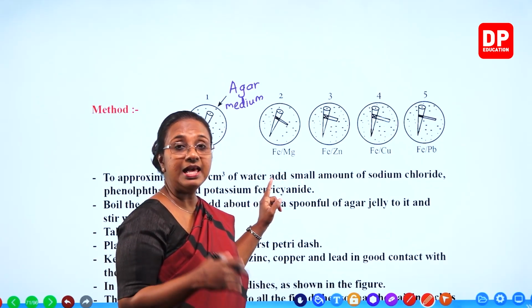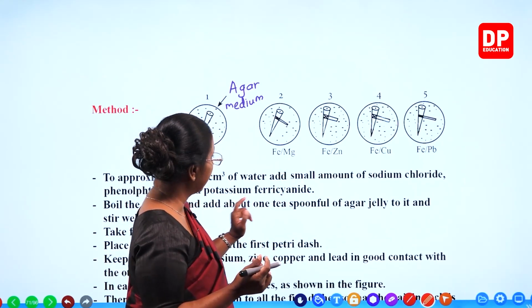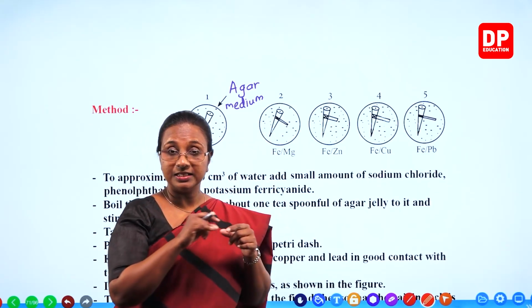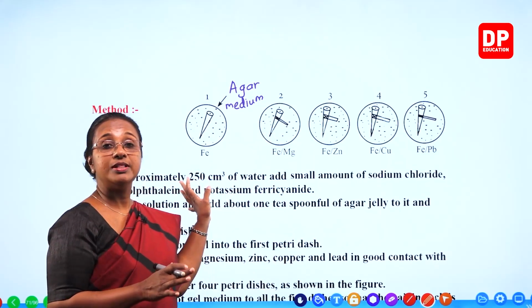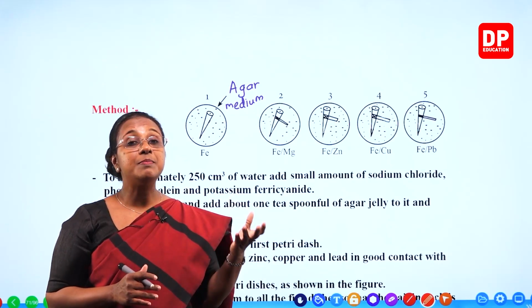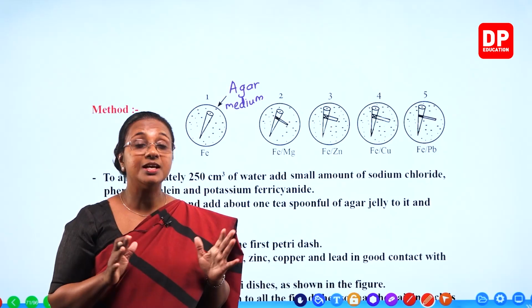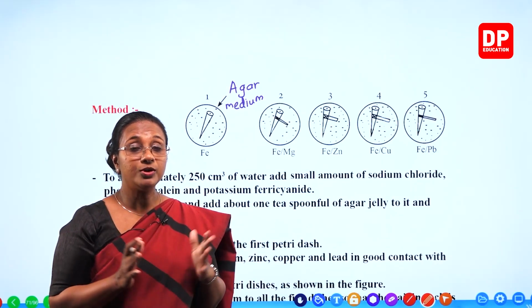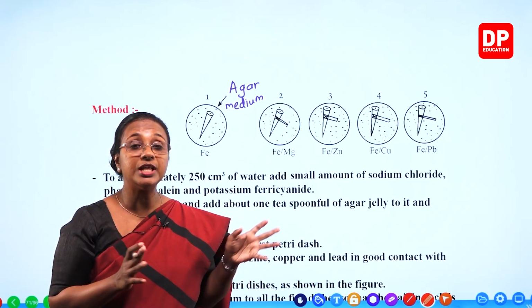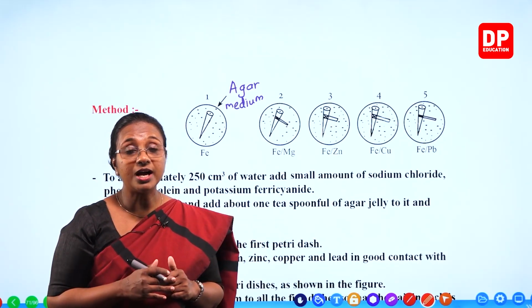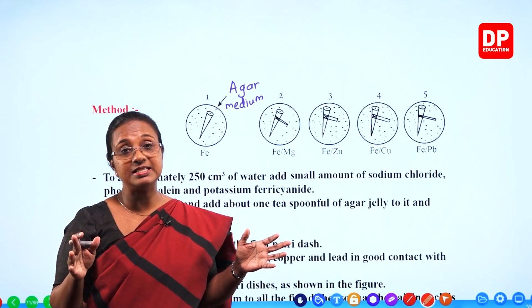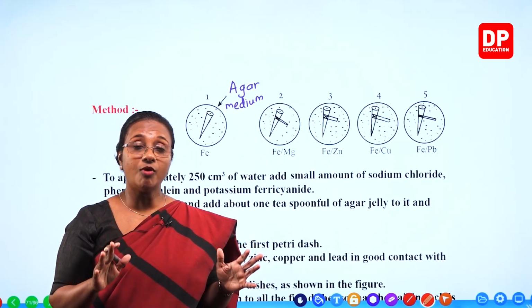So iron nail and magnesium in contact with that. So what we do is we take the clean iron nail. You all know for all these activities, students, if we purchase the iron nail commercially, they are usually coated with zinc. To remove the zinc coating, what do we do? We soak the iron nails in dilute hydrochloric acid for about 10 minutes and then you wash it off with water.